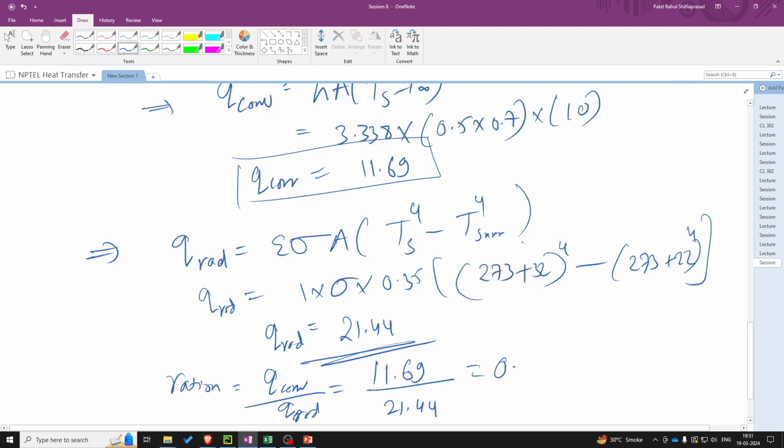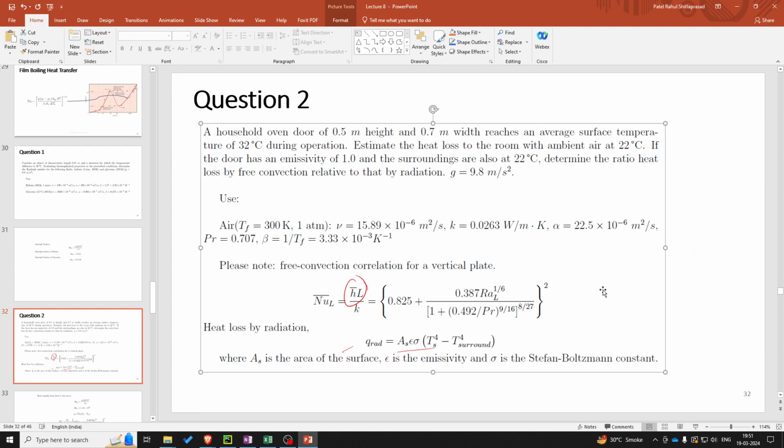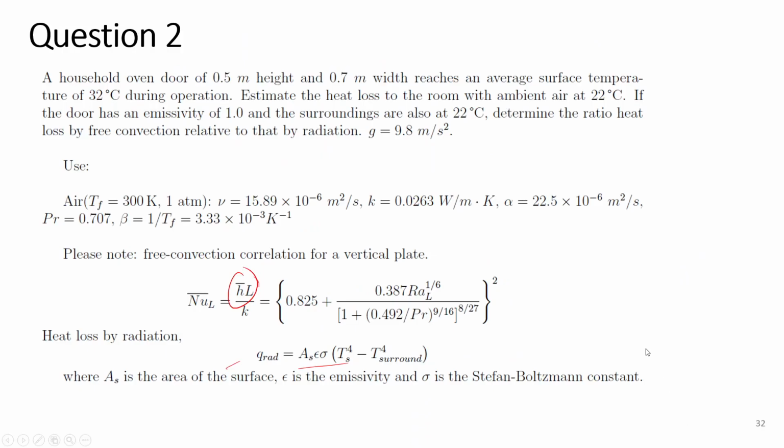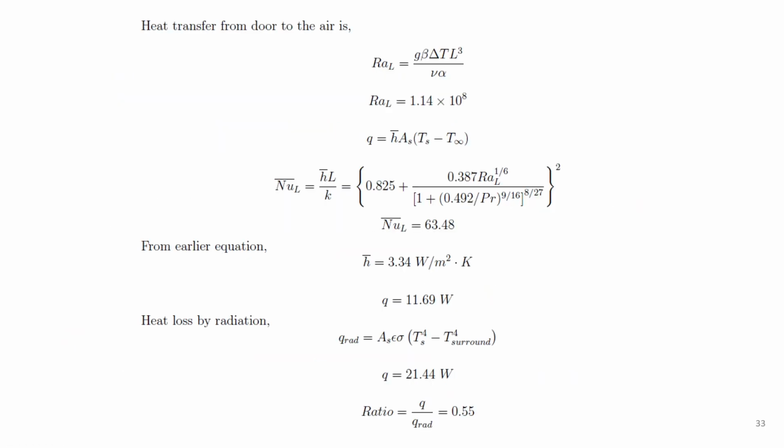So yes, you can write this as 0.55. So the ratio of heat transfer due to free convection and that due to radiation is around 0.55. So that is what was asked in this question. This is the solution. You can just take a quick look at how we solved it, and then we can move on to the third question.